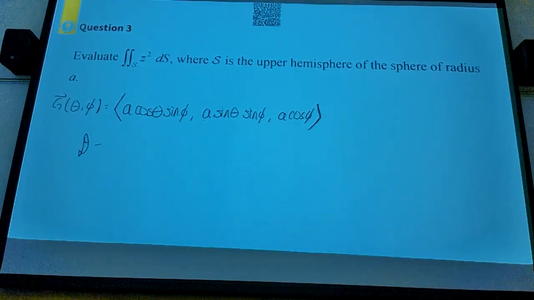It's the upper hemisphere. Theta still goes 0 to 2 pi, but phi only goes 0 to pi over 2.